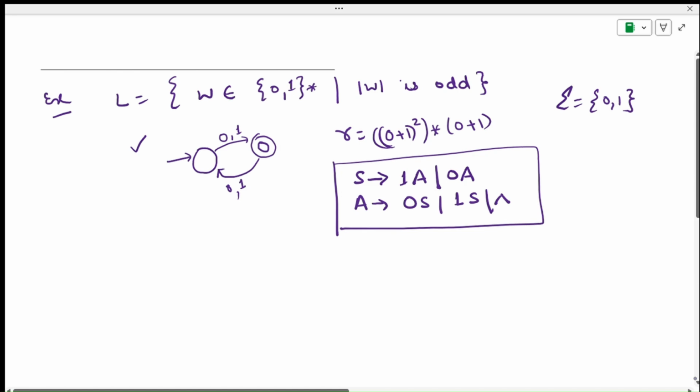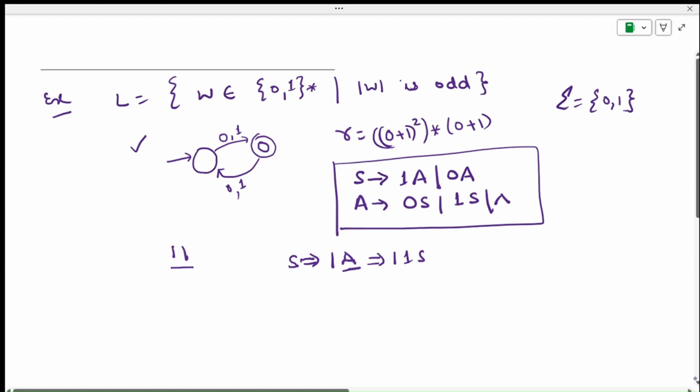Suppose I have a string of length 2, say double 1. Check if we are able to generate this double 1. Now this is an even length string. If I start with 1A, now I want this A to be replaced by 1S because the next symbol I want is 1. So I will replace this A with 1S.